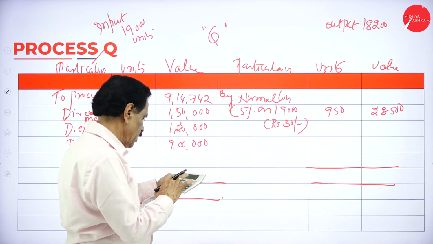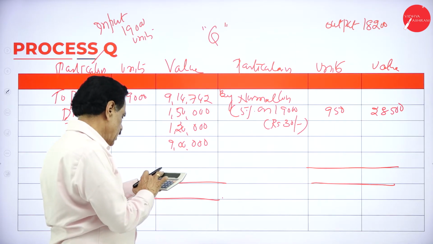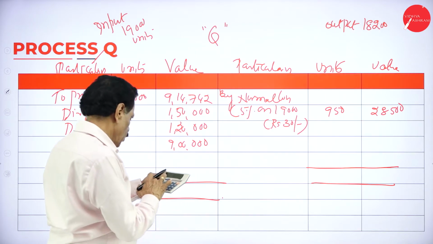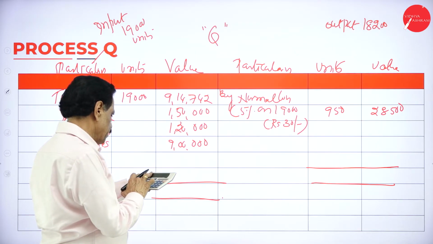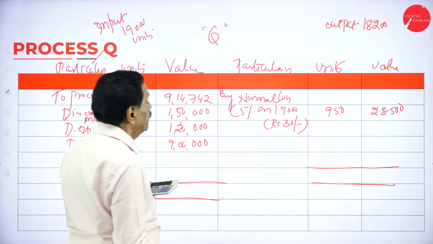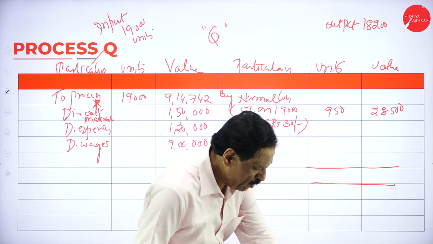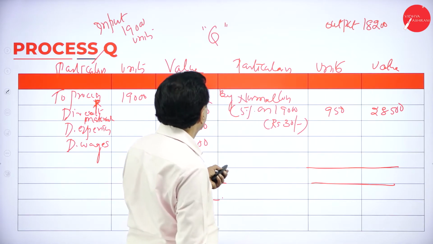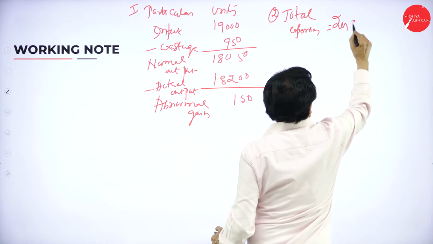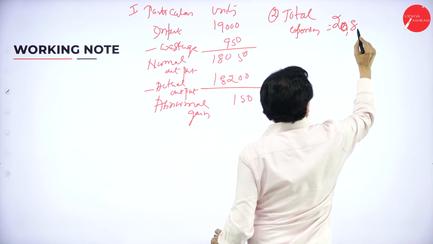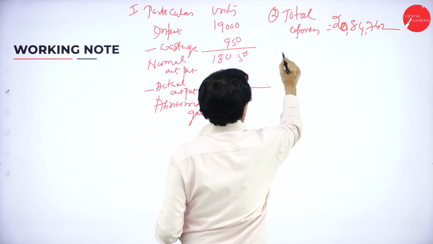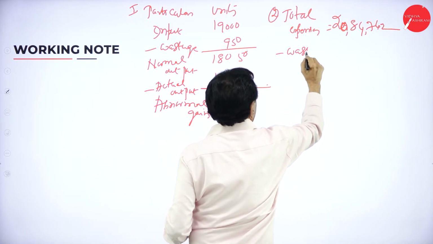9,14,742 plus 1,50,000 plus 1,20,000 plus 9 lakh, 20 lakh 84,742. Minus wastage realized.